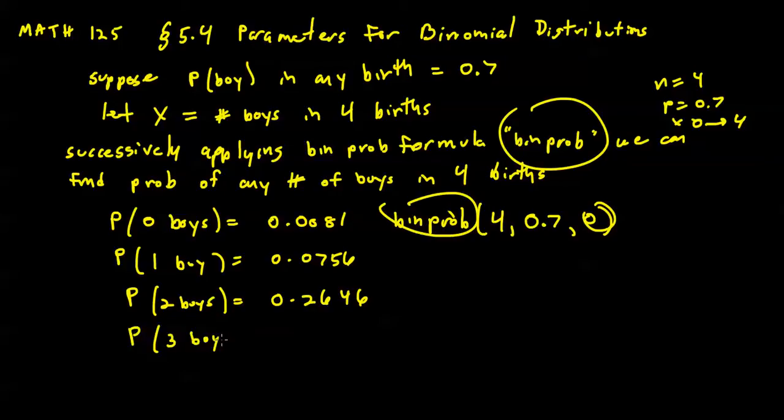And the probability of 3 boys is 0.4116. And of course, the probability of 4 boys would then be 0.2401. Alright, so we've exhausted all possibilities for our number of boys in 4 births, getting 5 different probabilities.